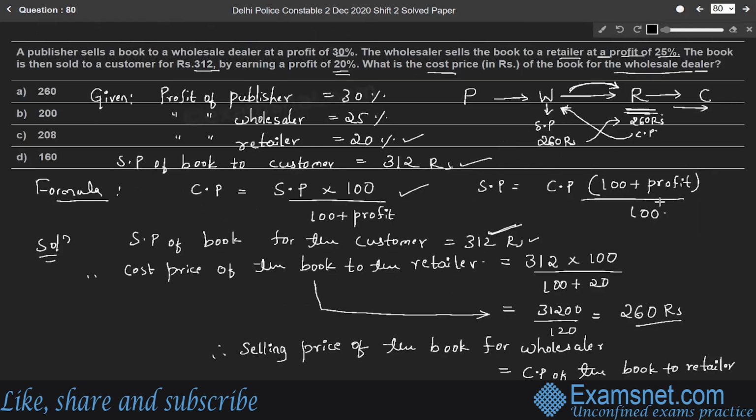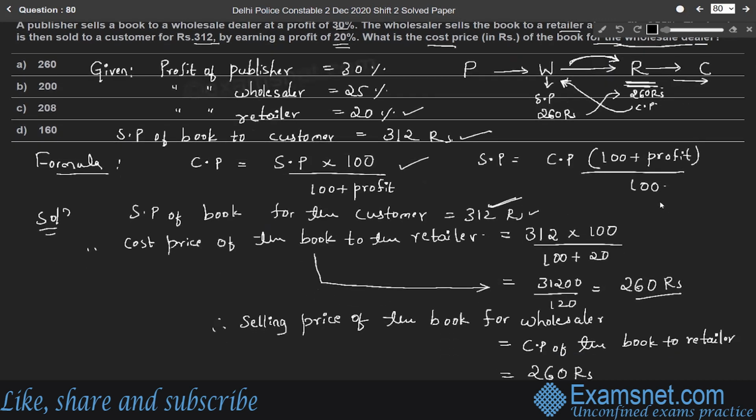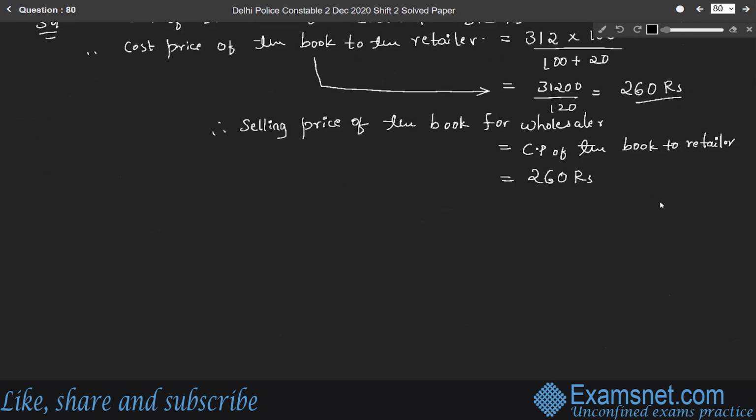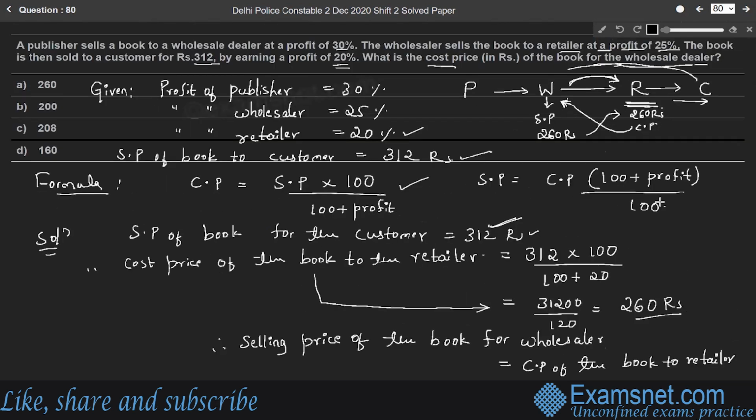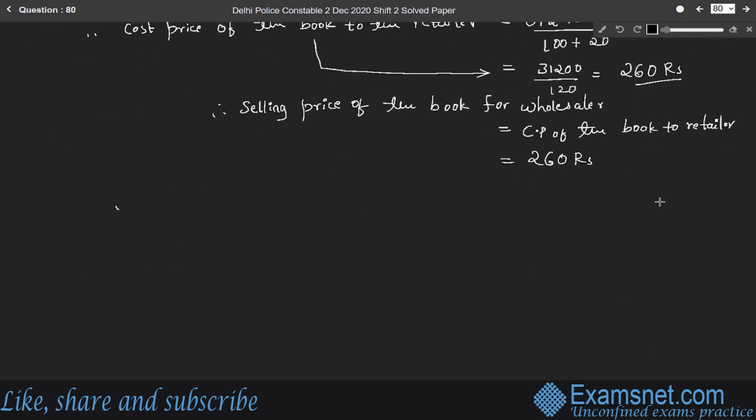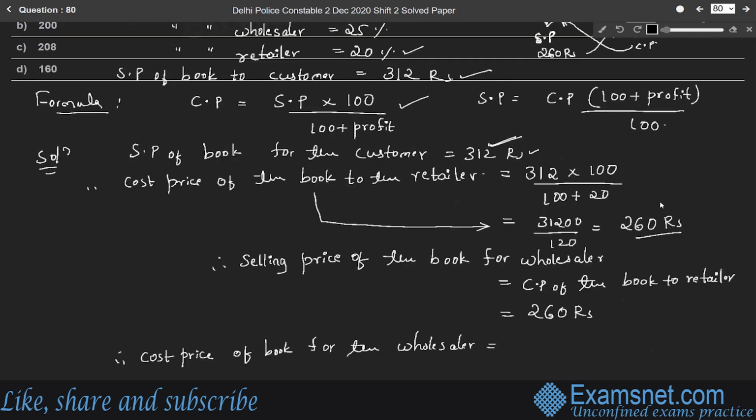What is asked in the question? You have to find the cost price of the book for the wholesale dealer. So we are coming back here. Selling price is 260 rupees. We have to find the cost price. Therefore, the cost price of the book for the wholesaler is equal to, for the wholesaler the selling price is 260 rupees.